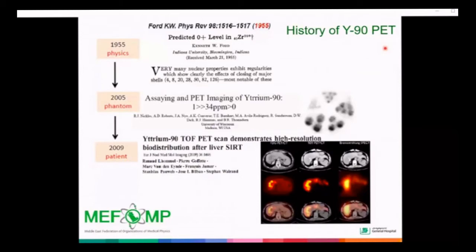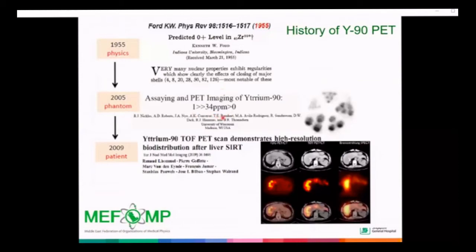Now, let's look briefly at the history of yttrium 90 PET. Back in 1955, yttrium 90 was discovered and how it decays, and then in 2005, assaying and PET imaging of yttrium 90 was done.